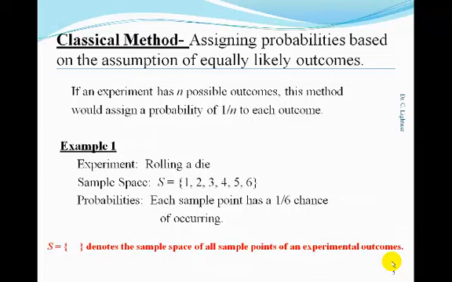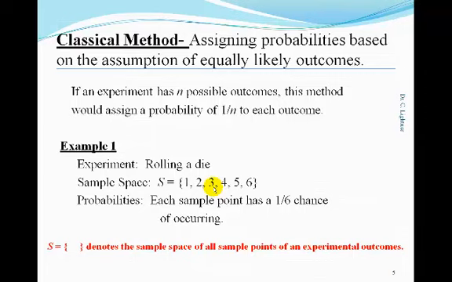Example 1. When you roll a die, as we said, the sample space, which is denoted as a capital S with the open brackets, the sample space when you roll a die includes 1, 2, 3, 4, 5, and 6. It is equally likely that each sample point has a chance of occurring.